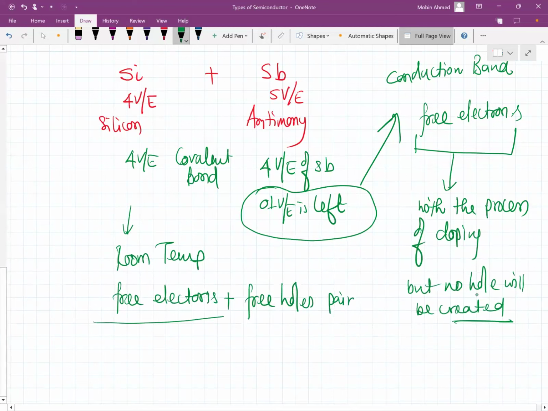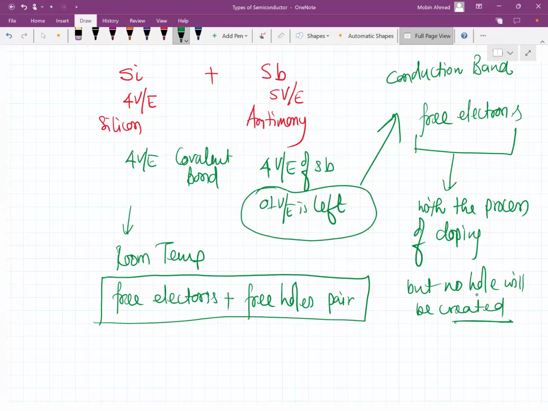This free electron and free hole pair is due to the room temperature, external energy. This pair will also be created at room temperature, whereas by doping only free electrons will be created.